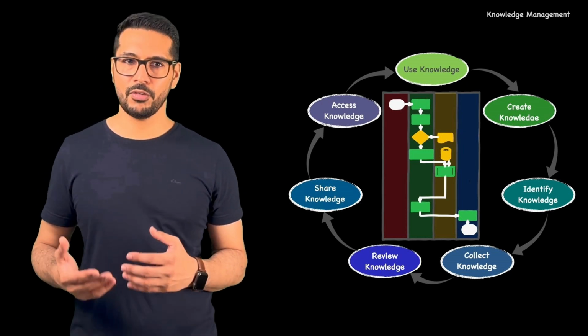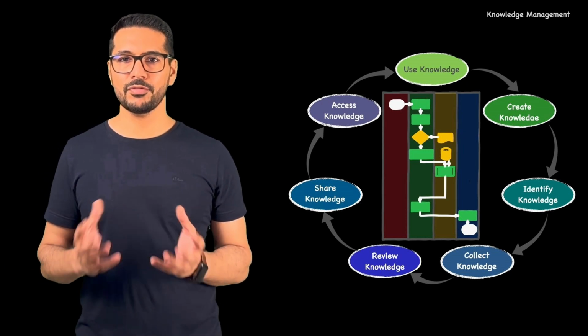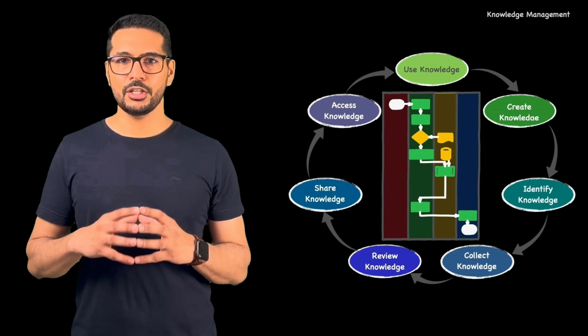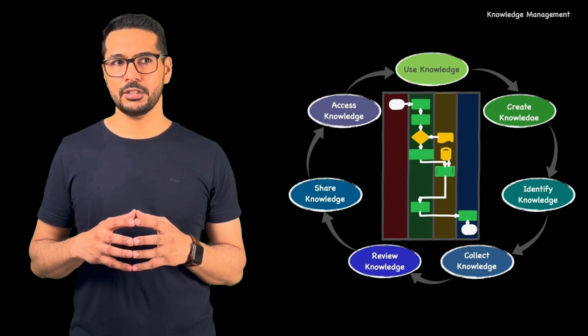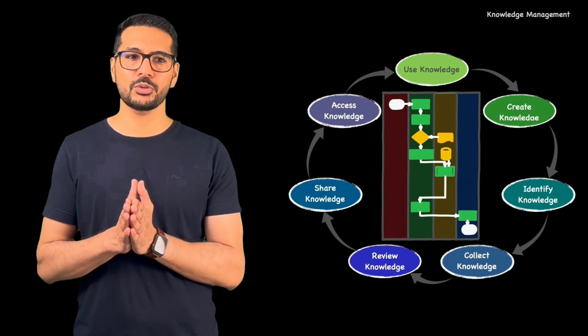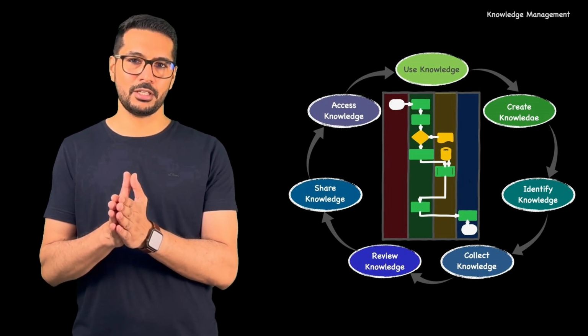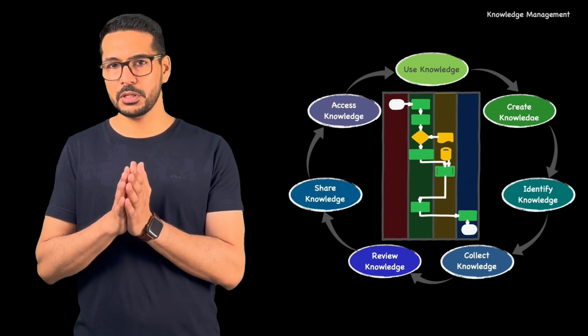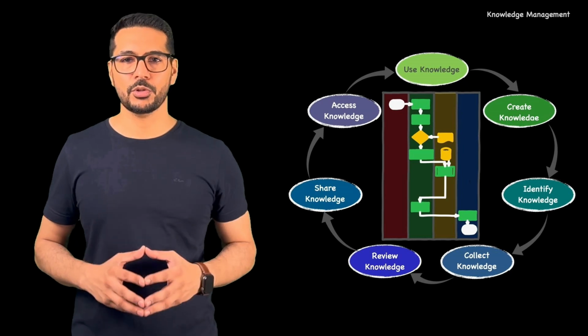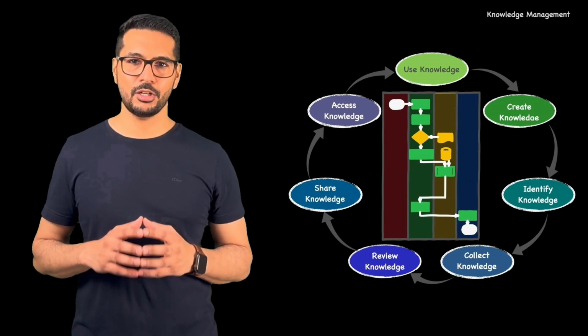It could be any form, and he or she should be able to access the knowledge, and that knowledge should be accessible only to the people who need it. There should not be unauthorized access. That has to be managed under this process of access knowledge.